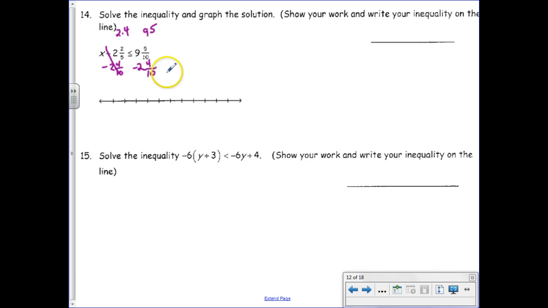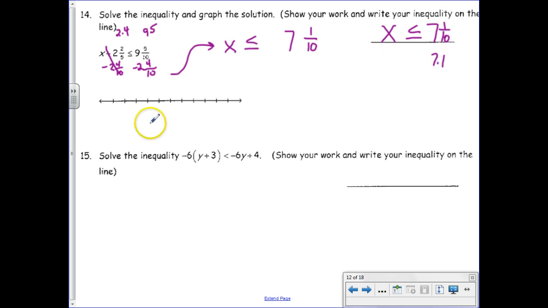Those go away. On the left-hand side, I just have x, less than or equal to. Let's see. Fraction-wise, I have 1/10 left. Whole number-wise, 9 minus 2 is 7. I didn't have to borrow. Here we go. Or, hey, if you are a decimal person, you could write that as 7.1 instead.